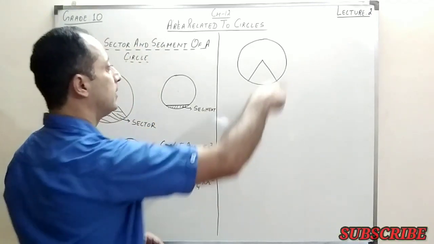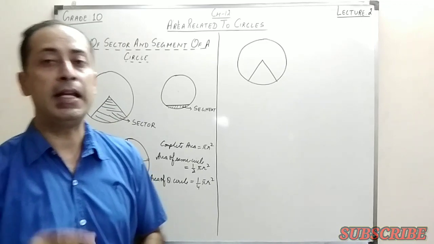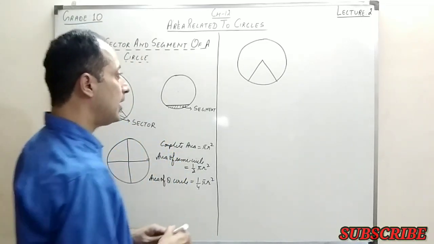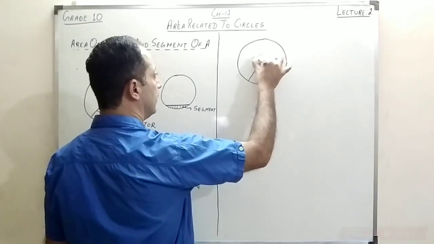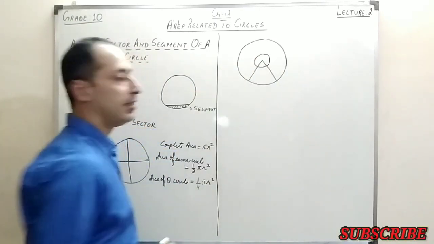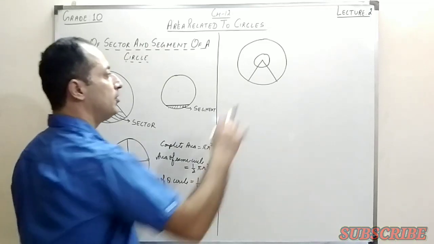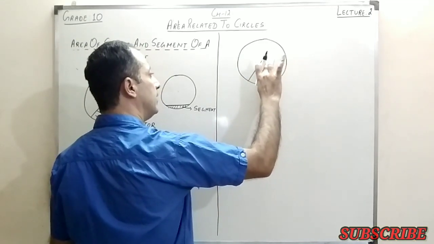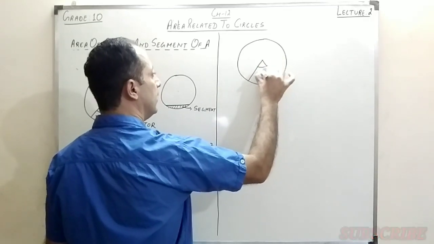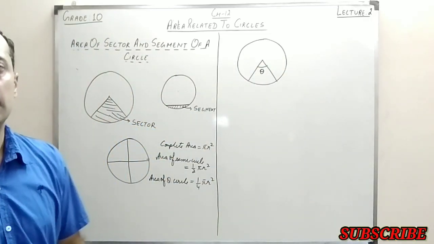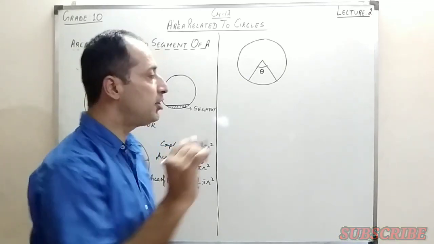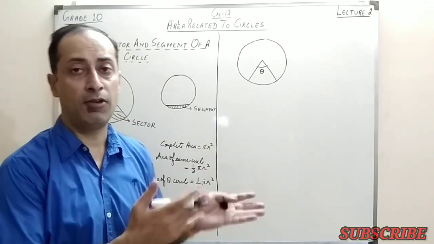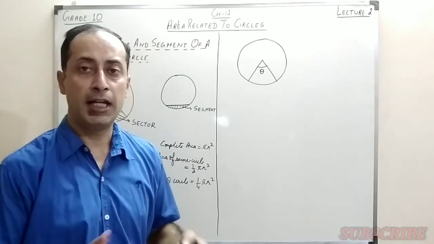Now we know the circle is round and the complete angle inside the circle is 360 degrees, right? This complete angle is 360 degrees. Now, suppose the angle formed by the sector at the center, the angle which the two radii form when they make a sector, is theta.